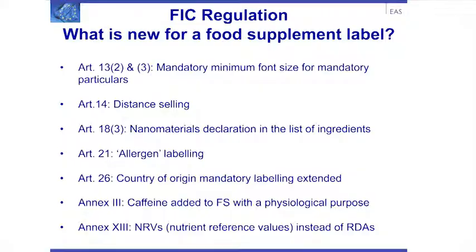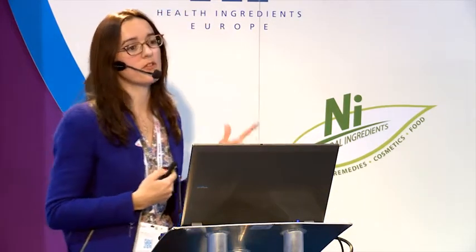Also, in this new regulation, what is new is about distance selling. I don't know if you're selling your products at distance via internet, etc. Well, here in the new regulation, they oblige you to give all the mandatory provisions on the label before the purchase is concluded.